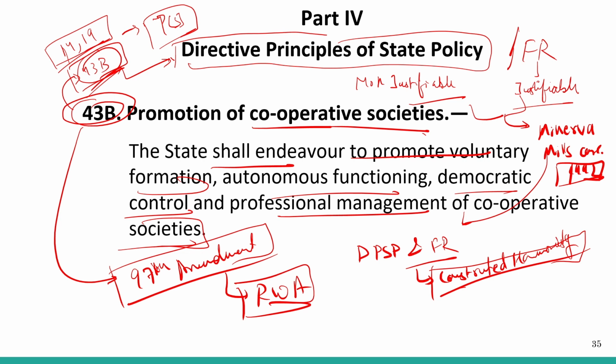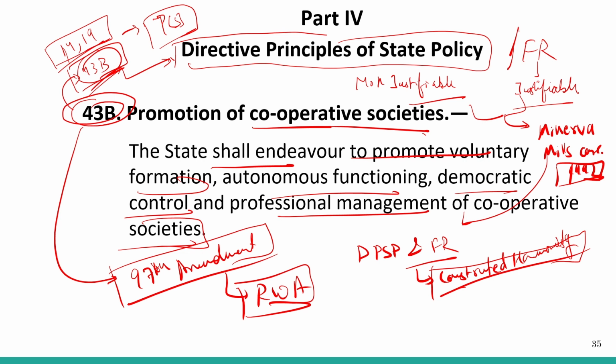In order to promote voluntary formation of cooperative societies who can work forward to resolve the disputes over petty things, which obviously is a need for the citizens, for both men and women. And that is why the cooperative society has been brought about under the Constitution of India.